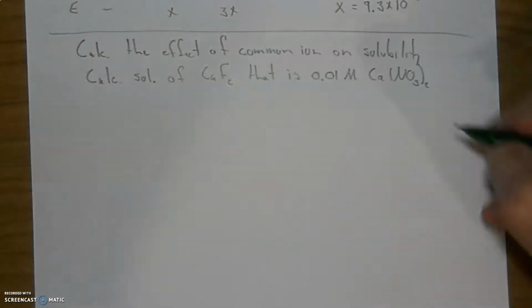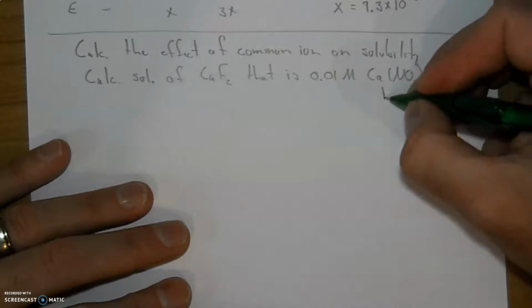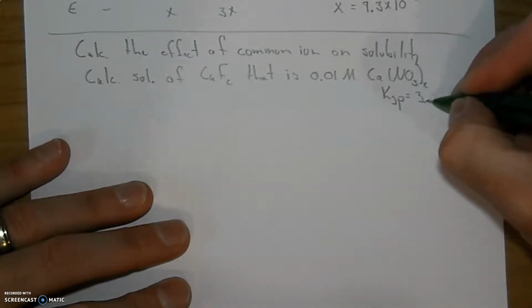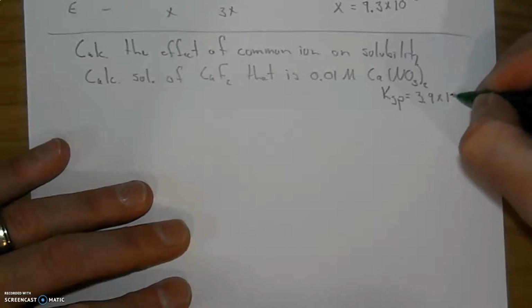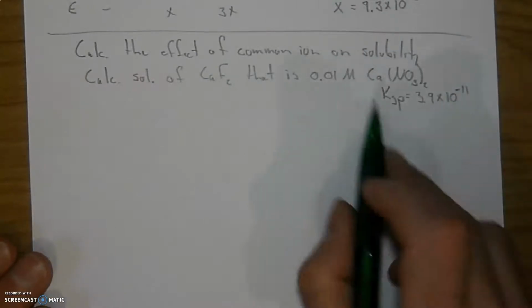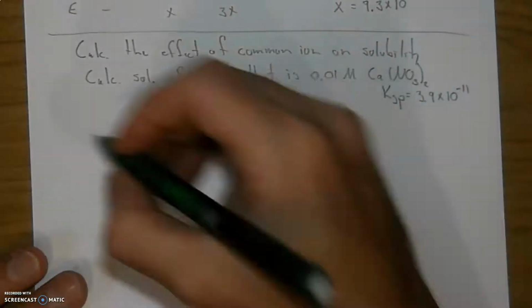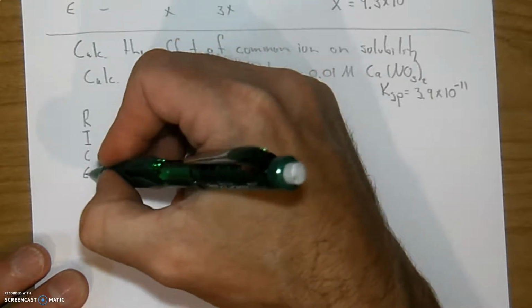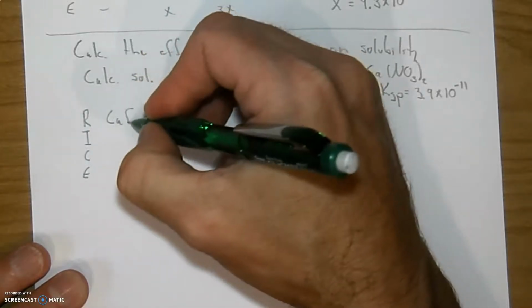So we know what the Ksp was. We did that in the previous problem. This is at 25 degrees Celsius, 3.9 times 10 to the negative 11. Okay, so because we have some extra stuff going on here, we are going to make a RICE table. It is calcium fluoride.